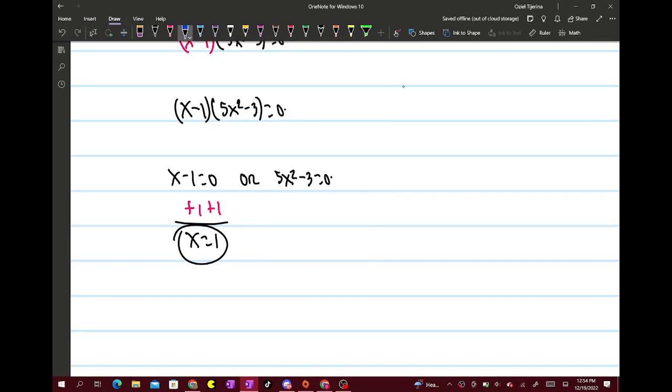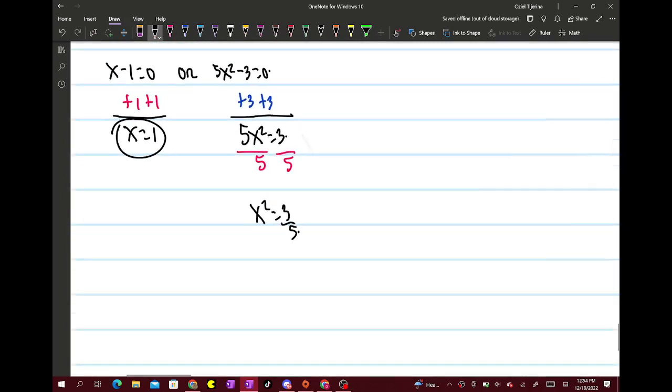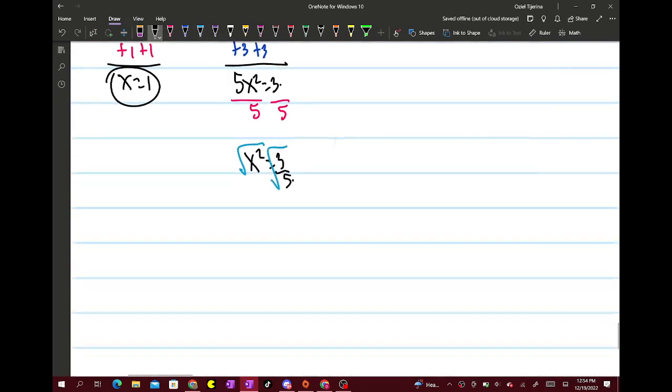And then adding 3 to both sides, we get 5x squared equals 3. Then you divide both sides by 5, so you have x squared equals 3/5. And then you take the square root of both sides. And remember, when you take the square root, you do the plus or minus, right?